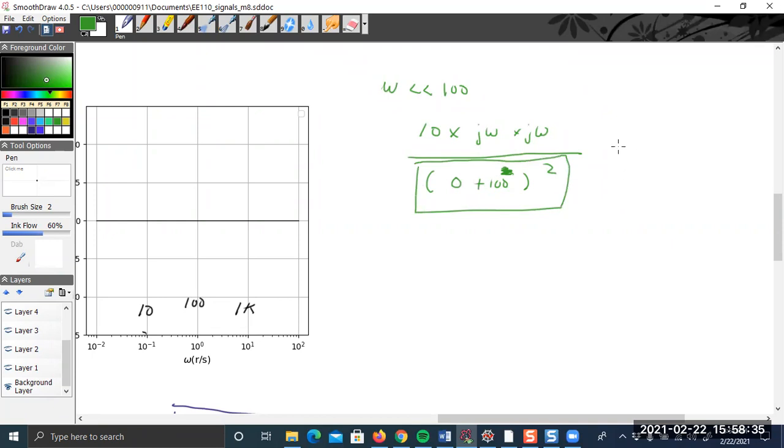It's all real, so it's 0. Now here, you might say that turns into minus omega, which is a vector pointing that way. And since it's negative, I should get minus 180. But really, it could be minus 180 or 180. But in engineering, we're saying this turns into plus 180.